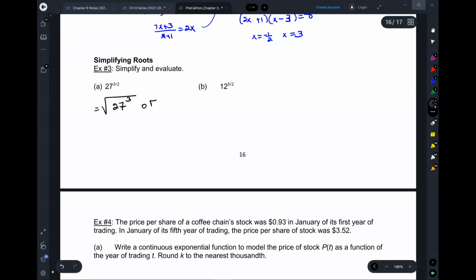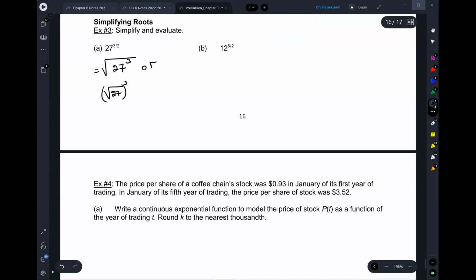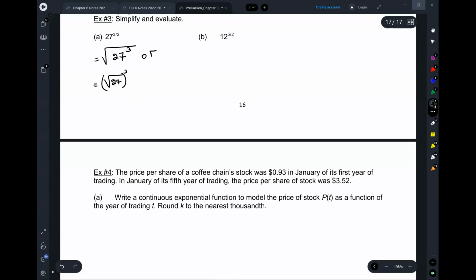Or this is also the same as root 27 cubed like this. And depending on your preference, what's easier for you to solve, you can take one or the other. So let's just take the second one here. Root 27 is 3 root 3. And now I need to cube that.